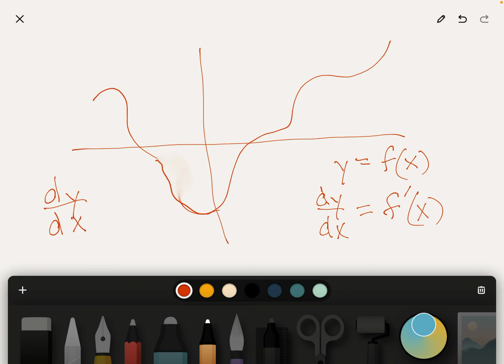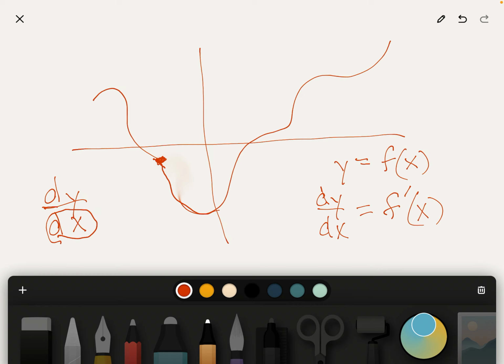And this you can think of as the instantaneous change in y over a tiny, tiny, tiny change in x, an infinitesimally small change in x. How much does y change? Well, here again, you have to find that exact value. It depends on where you are on the curve, right?